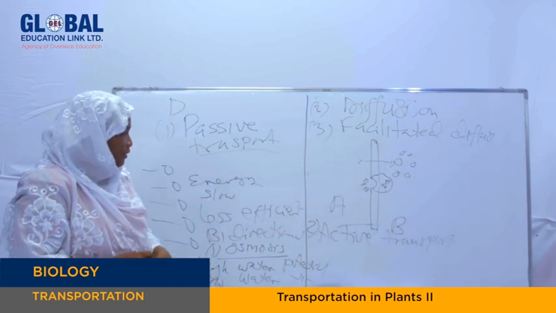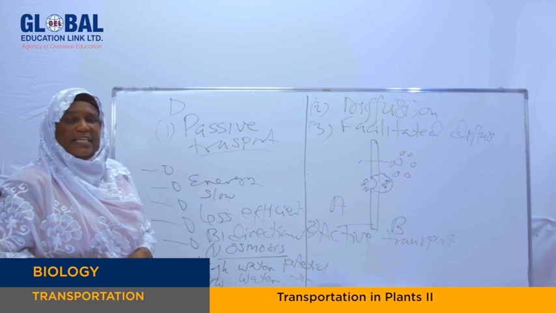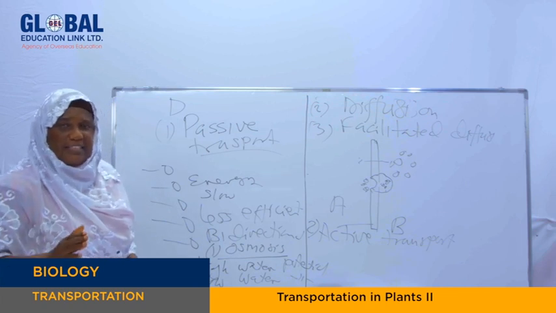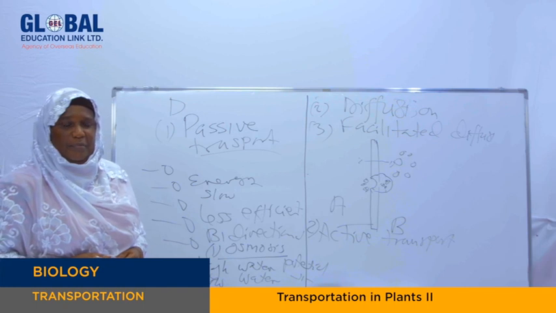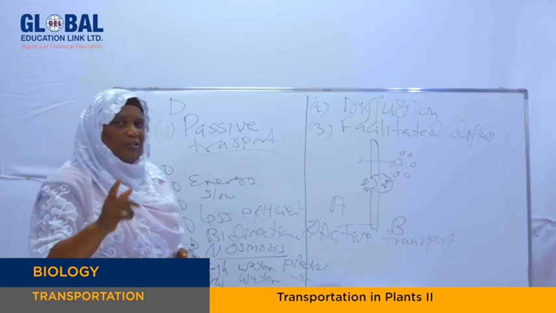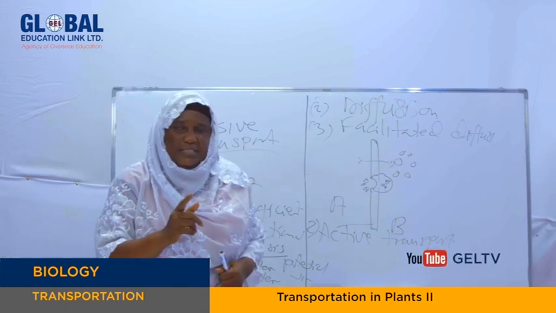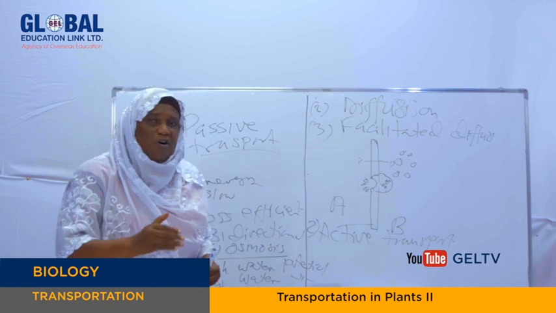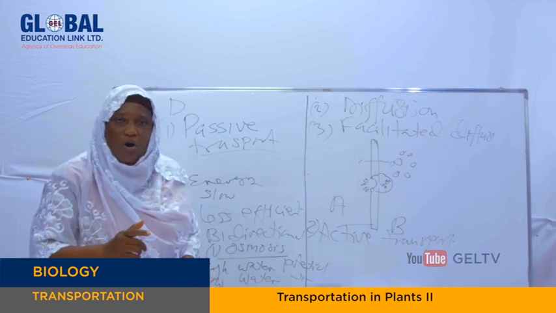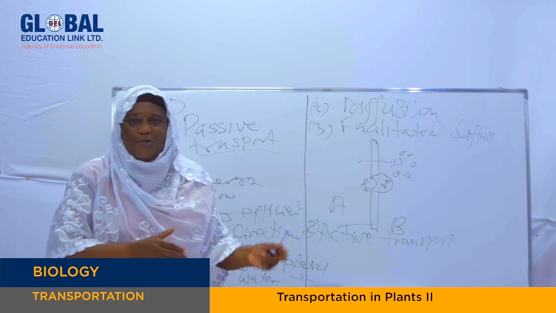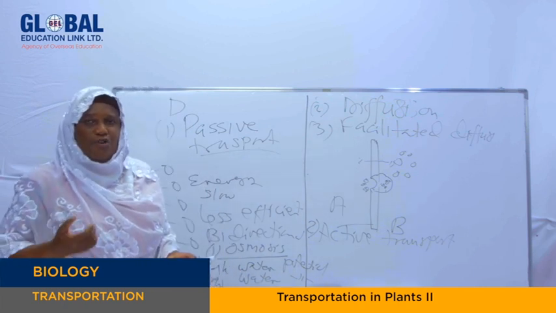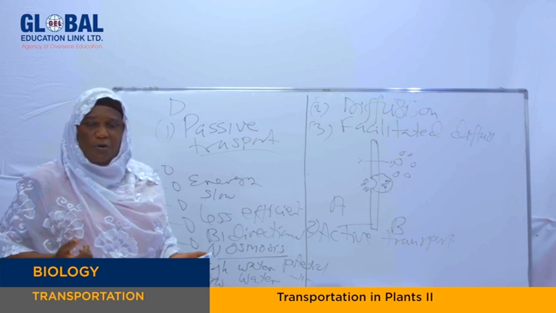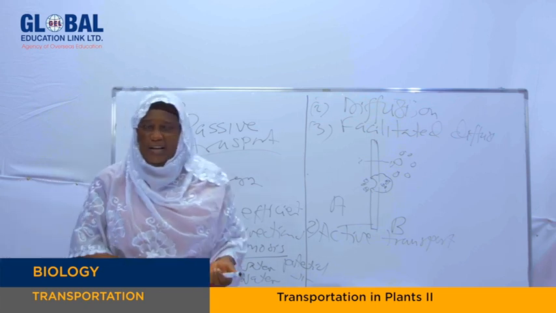Active transport allows materials to move against the concentration gradient. When I say against the concentration gradient, it means materials move from the area of low concentration to the area of high concentration. You may take the example of the digestive tract.